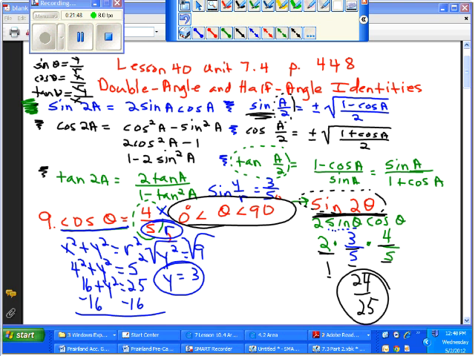So where is 2 theta? Now that could become a challenge, because if theta was actually 30 degrees, double that would be 60. If theta was 20, double that would be 40. If theta is 45, it becomes 90. So it's going to be hard to determine, if we don't know theta, where 2 theta is at. Did it end up in quadrant 1 or 2? So how could we figure that out?